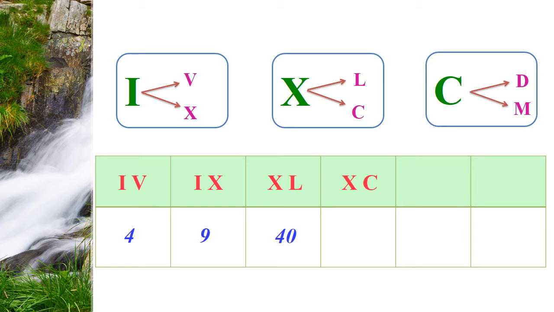The value of XL is 40, XC is 90. Next, C is placed before D and M only. CD value is 400, CM value is 900.